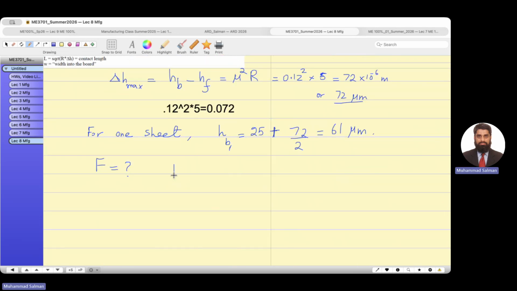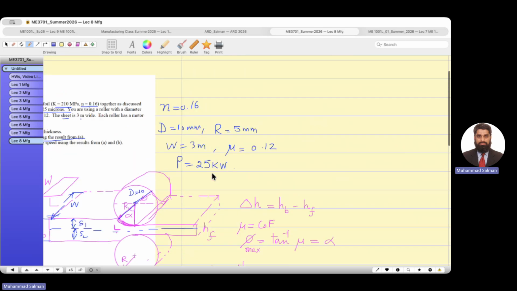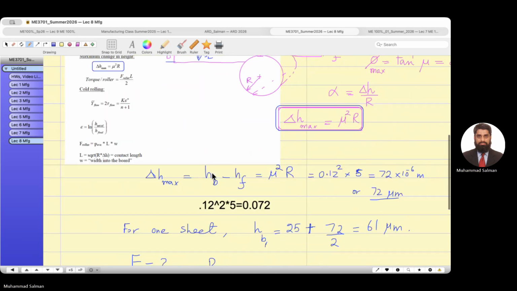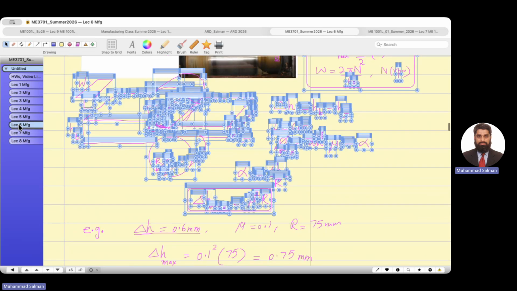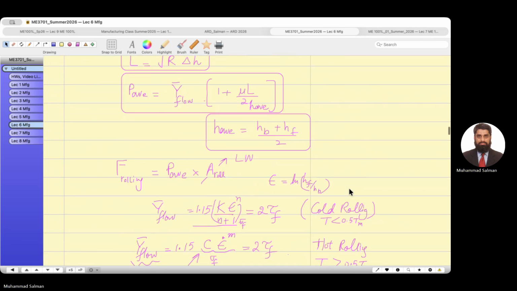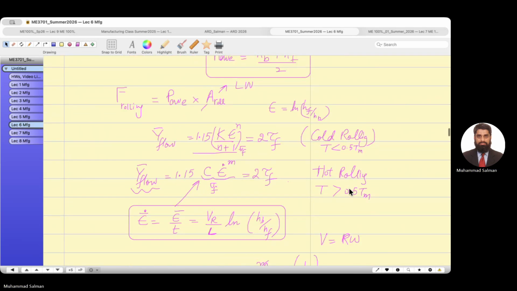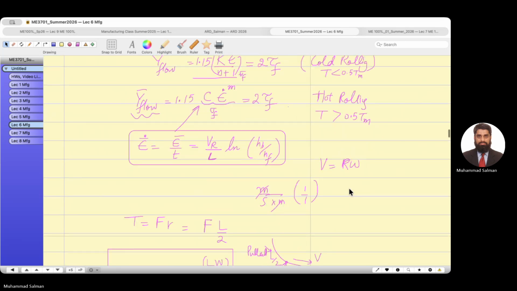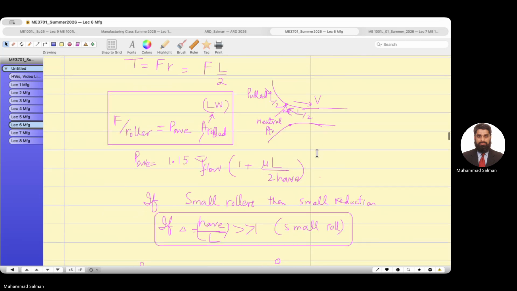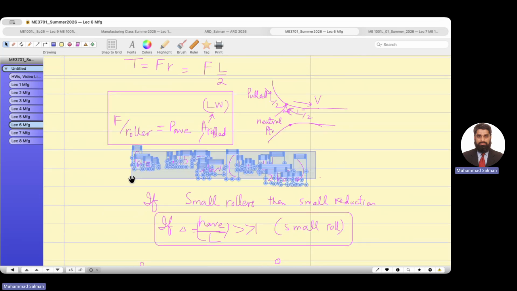P average, if I go back over here to this, P average, this is the formula.